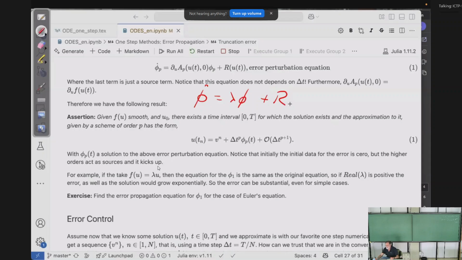Which one? This doesn't have phi. Oh, it can be related to it. This depends on u and f and derivatives, of course. But it can grow larger than phi, right?